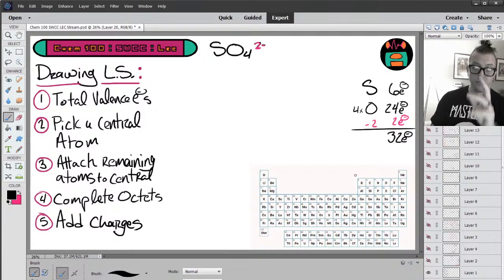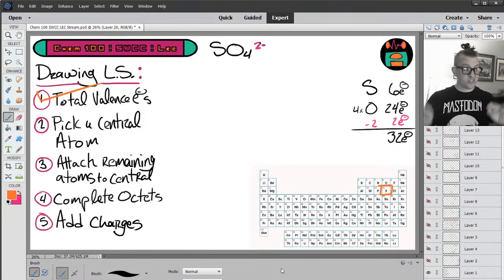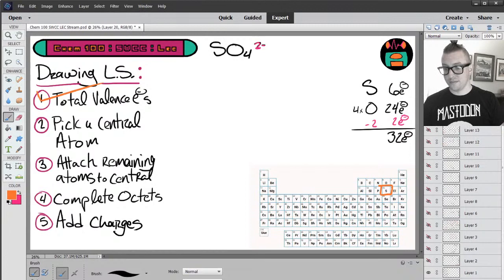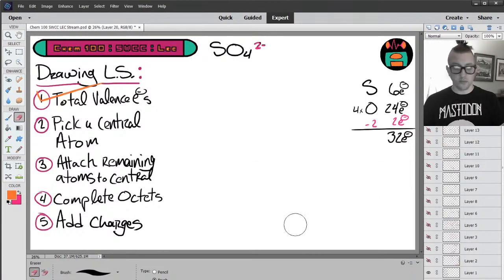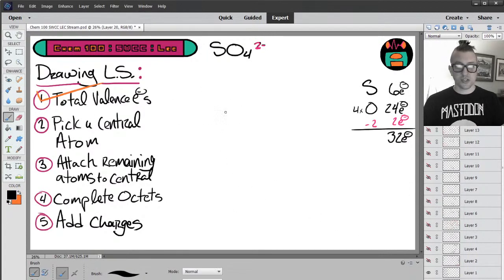32 total valence electrons. When it comes to picking our central atom, sulfur is on the 3rd period, so that is going to be our central atom because it's allowed to break the octet rule if it wants to. Now I'm going to zero out the periodic table so we can have some room to work. We're going to pick sulfur as our central atom, and now we need to attach our other atoms.